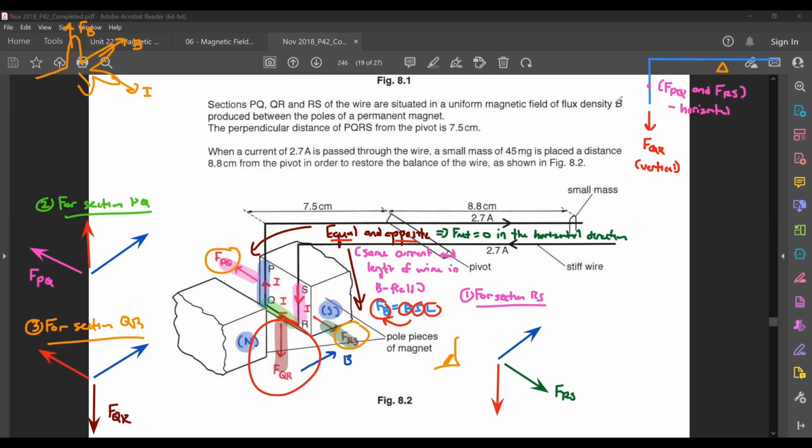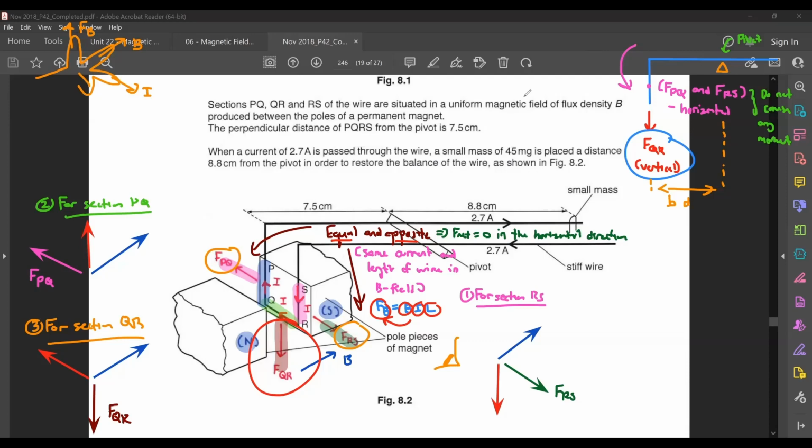Okay, so right now, if you then look at what moments will be caused by the forces, force PQ and RS do not cause any moment because they're horizontal in the first place. There's no perpendicular distance between the forces to your pivot right over here. But when you're talking about force QR, there is actually a perpendicular distance between the force and the pivot. This one here being your perpendicular distance, it's actually going to cause a counterclockwise moment like this.